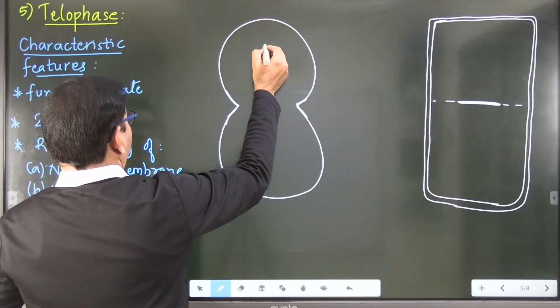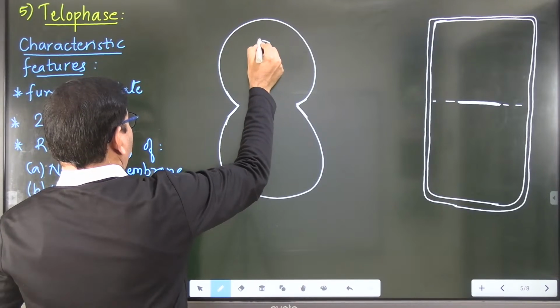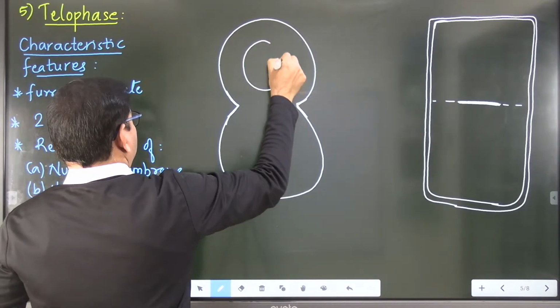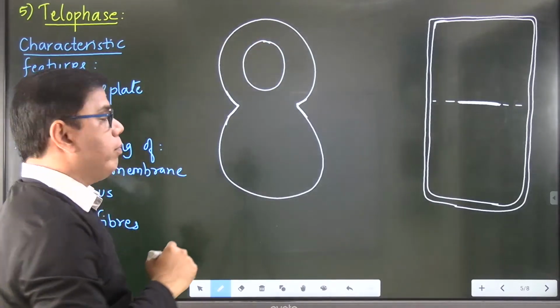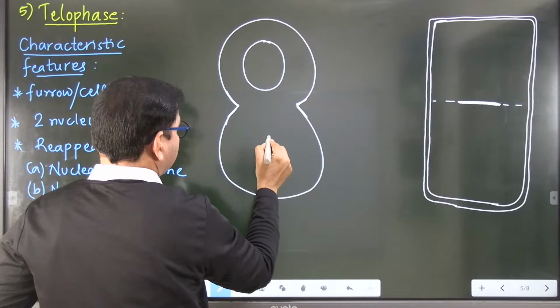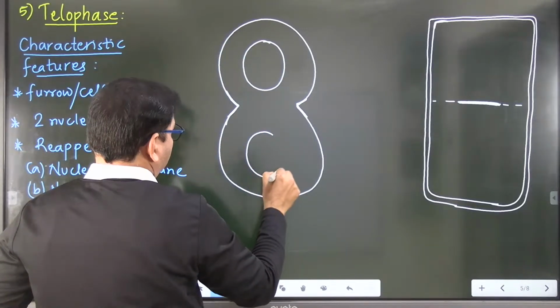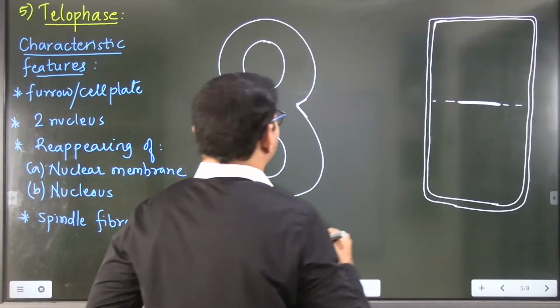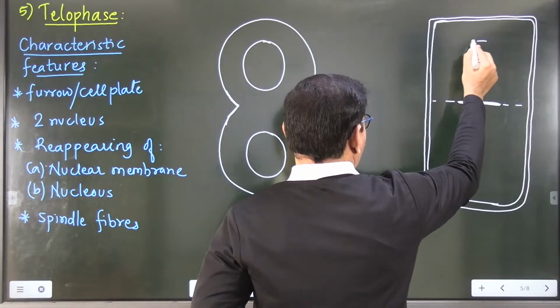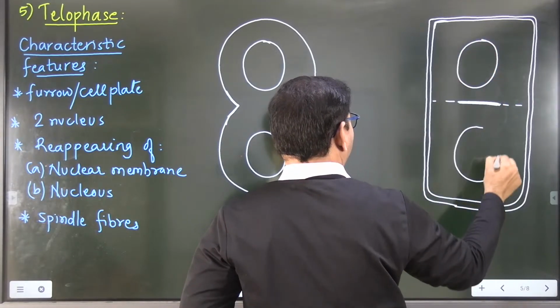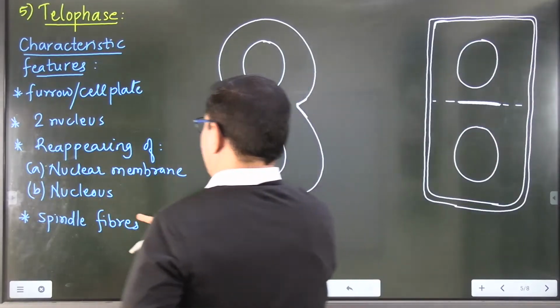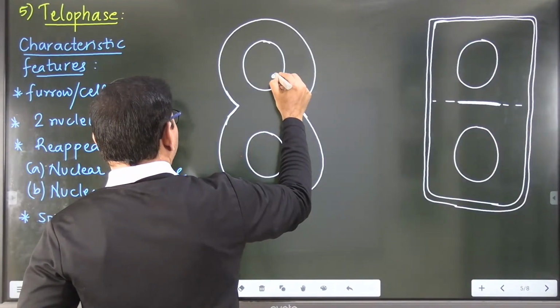So this is the nuclear membrane, which has reappeared. Reappearing of nuclear membrane. Reappearing of nucleus.